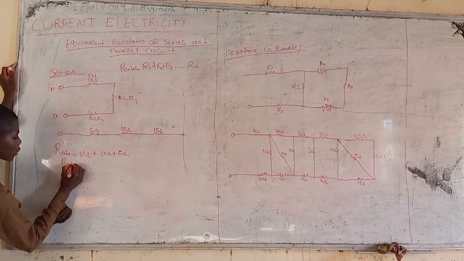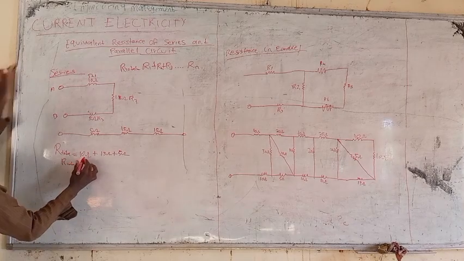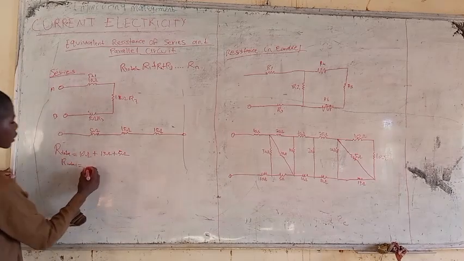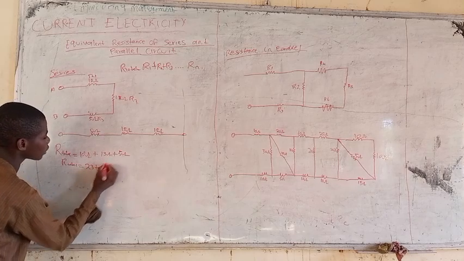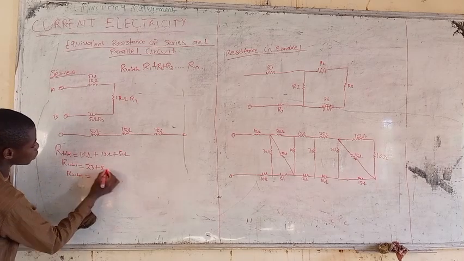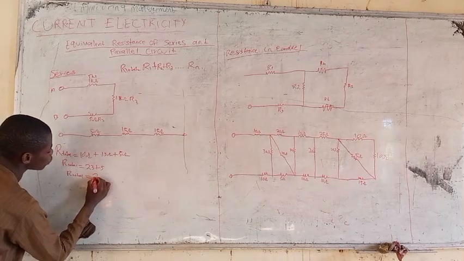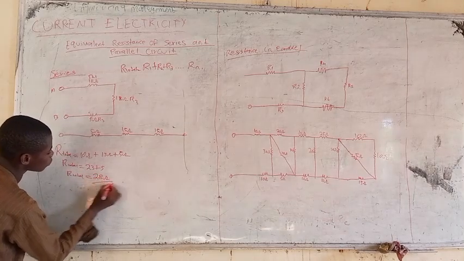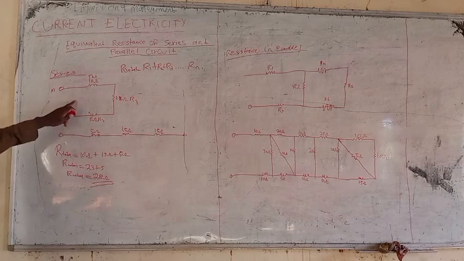Our R total is equal to 10 plus 13, which is 23, plus 5. Therefore, our R total is 28 ohm. So that's our R total for question 1.